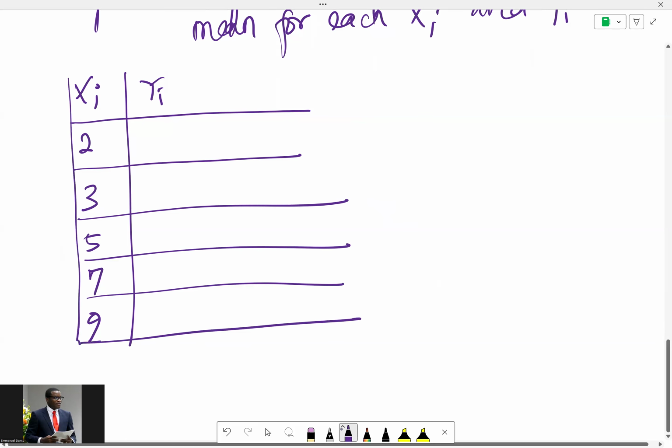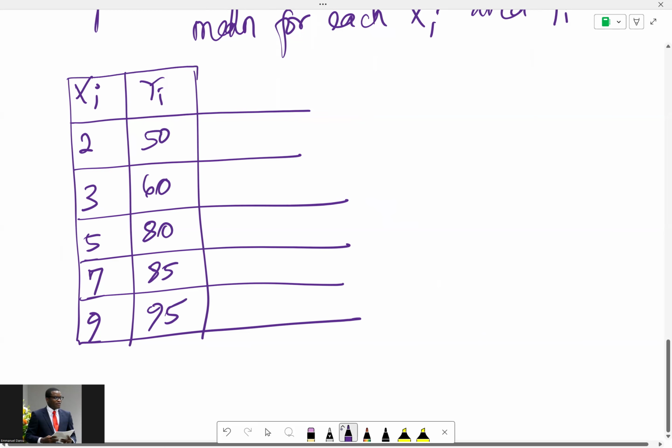Okay, we can do this. So the exam scores: the first person had 50, then 60, 80, 85, and 95. Those are the exam scores. Now, don't forget, we've got X bar is 5.2 and Y bar is 74.